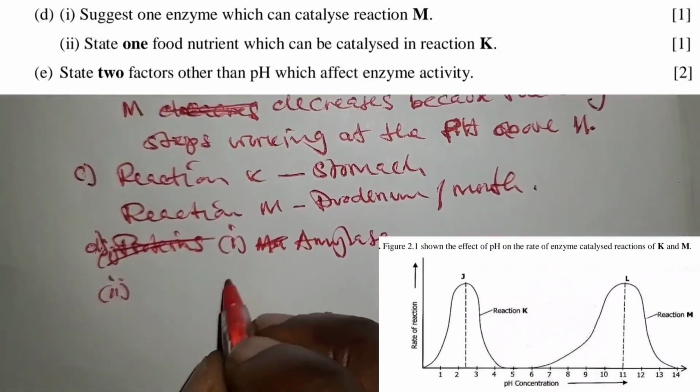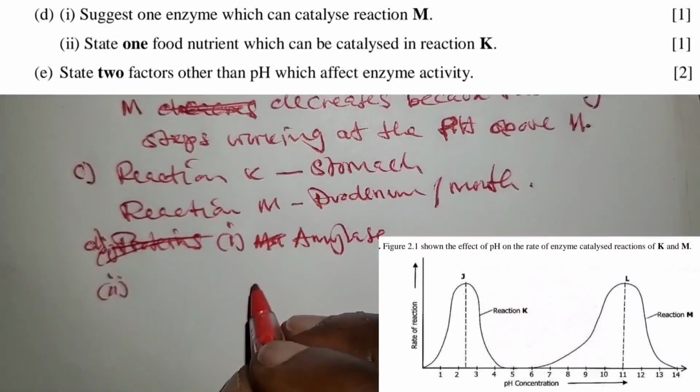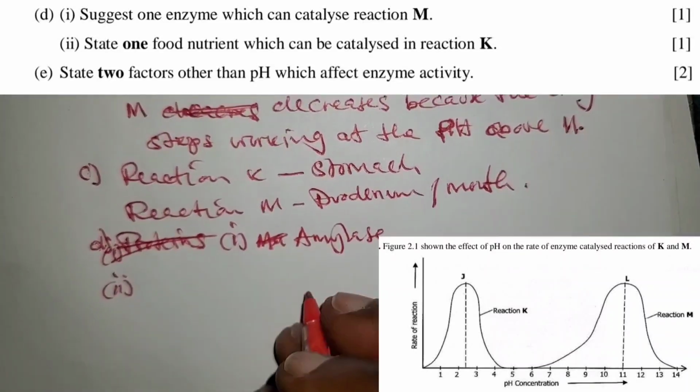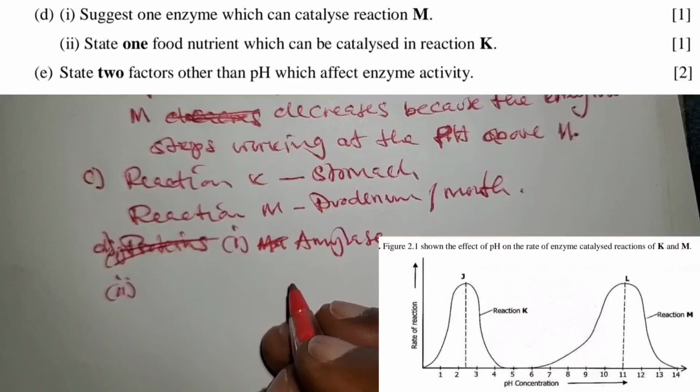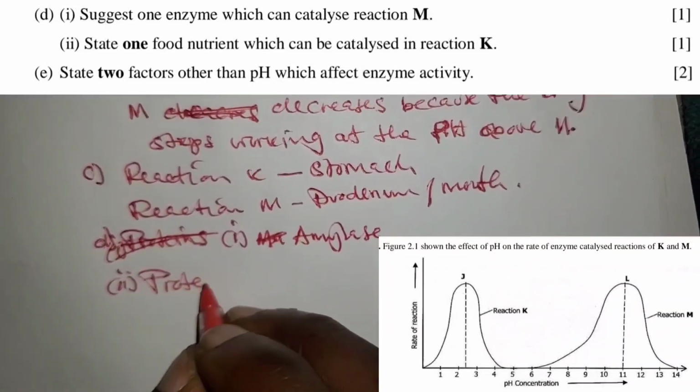Then number 2, state one food nutrient which can be catalyzed in reaction K. You can say proteins.